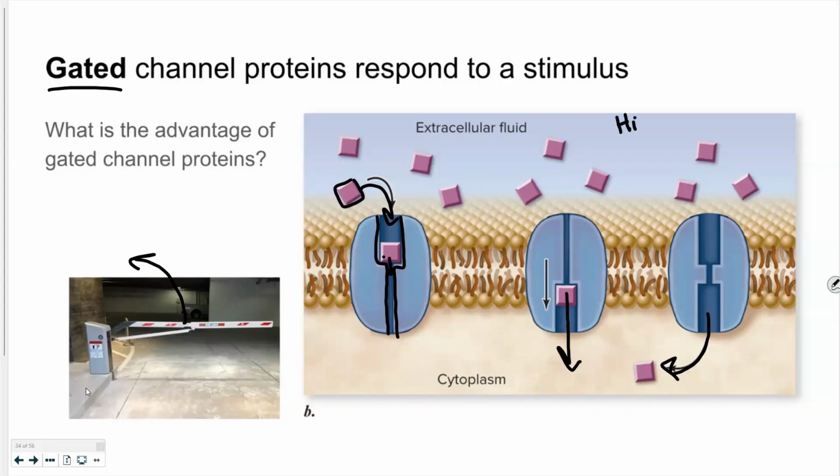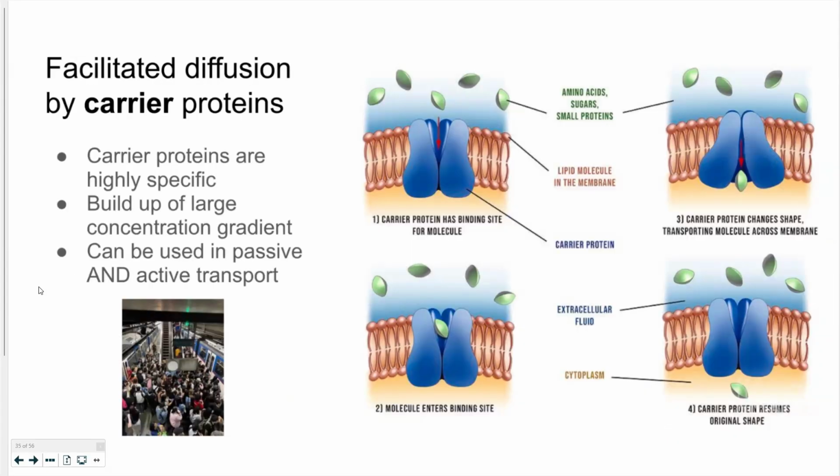Again, we're going from our high concentration, in this case, shoop through to our low concentration. Sometimes we're going to see facilitated diffusion be done by these carrier proteins. Carrier proteins are really specific, meaning that they are going to only transport certain solutes.